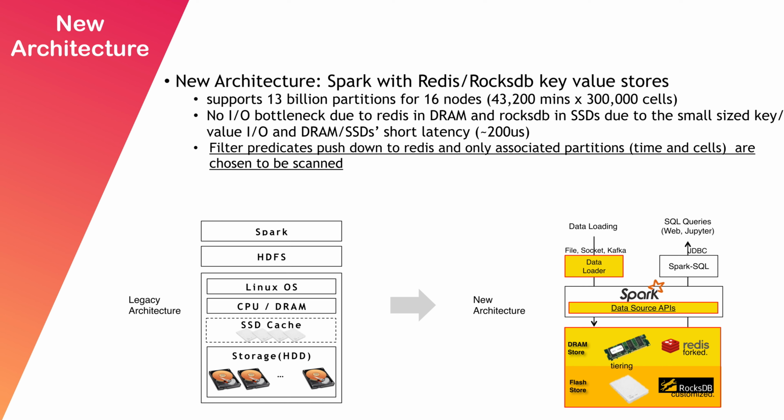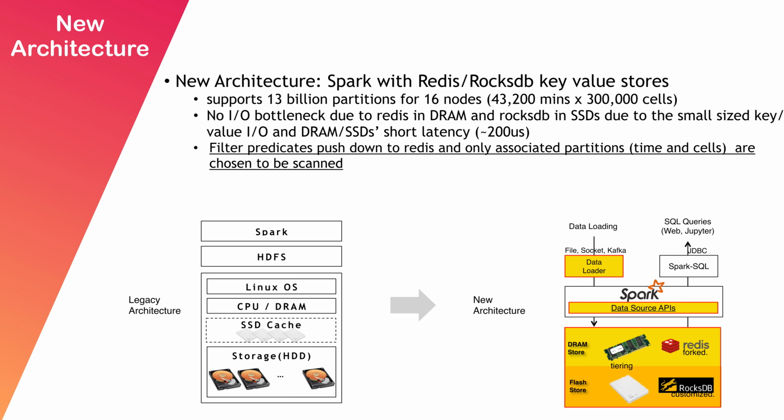So we tried to design a new architecture by replacing HDFS with a new data store, which can handle many more partitions, each of which has very small size data, and which has minimal I/O overhead by using DRAM and flash SSDs as storage devices instead of hard disk.